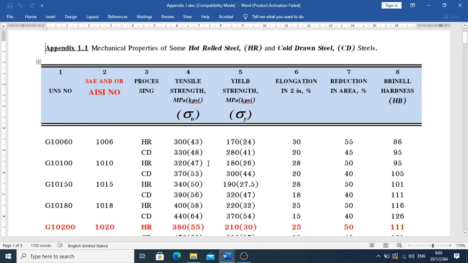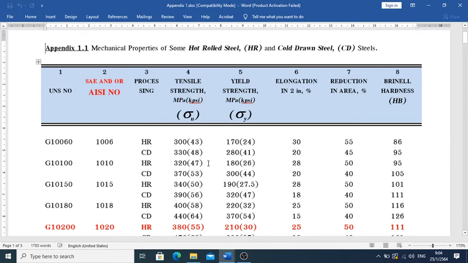Hot rolled steel means we apply heat to the steel and then roll it, and the steel comes out in shapes like a C shape or an I shape, in cross-sectional area. In Thai, this is called เหล็กรูปพรรณ, the C and I shapes, which are used a lot in Thailand. We apply heat to it. This is hot rolled steel.